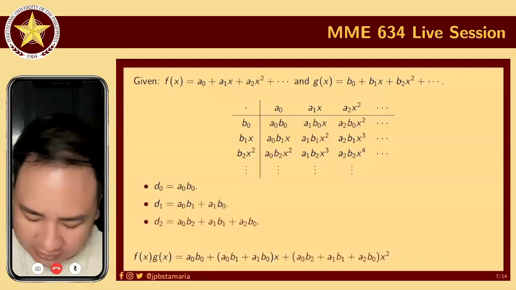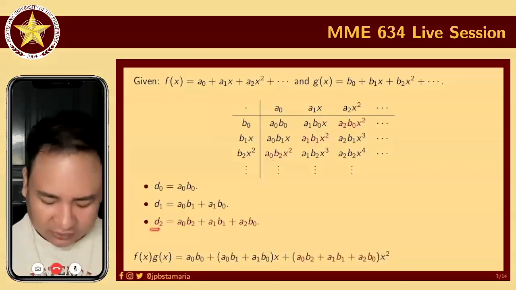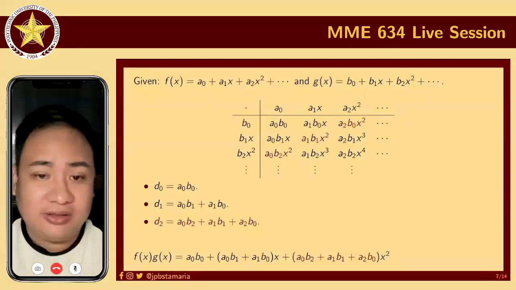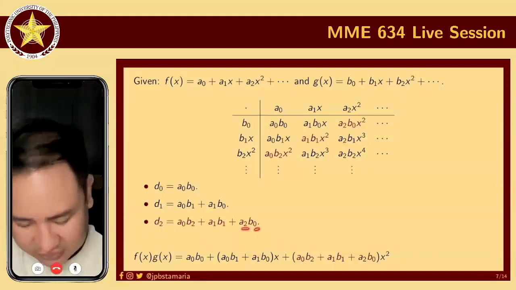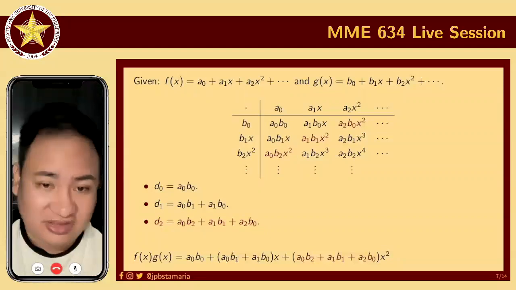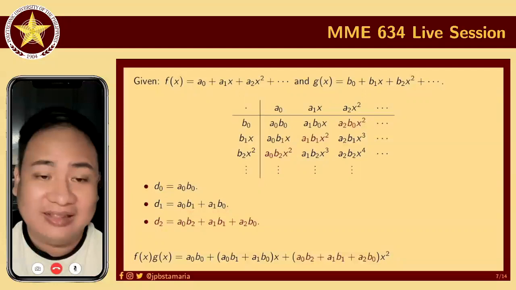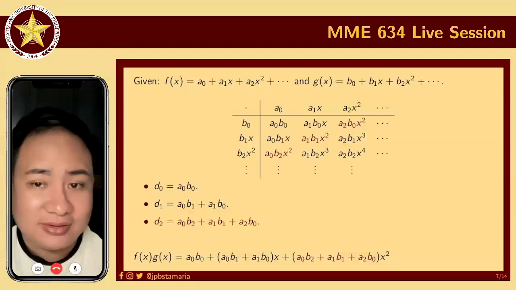Dito yan manggagaling. Pag kinuha yung coefficients yan, anong mapapansin nyo? Sa D2, look at the subscripts. The subscripts, they all add up to 2 every term. 0 plus 2 is 2, 1 plus 1 is 2, 2 plus 0 is 2. Sa D sub 1, kukunin mo yung mga combinations na mag-a-add naman sa 1. Sa D3, yung mga combinations na mag-a-add sa 3.